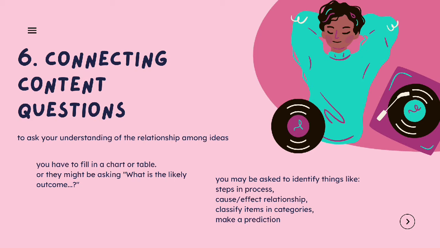This type of question will ask you to put together information from different sentences or different parts of the conversation or lecture. You may be asked to identify things like steps in a process or cause and effect relationships, or you may be asked to classify items in categories or make a prediction.